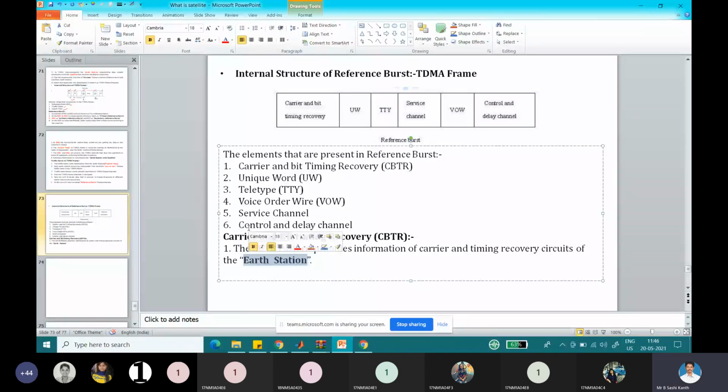What does it mean? This CBTR pattern provides the information of the carrier and timing recovery circuits of the earth station.